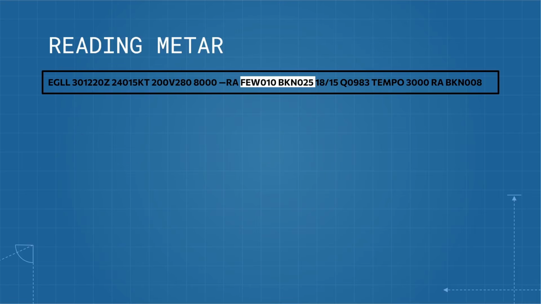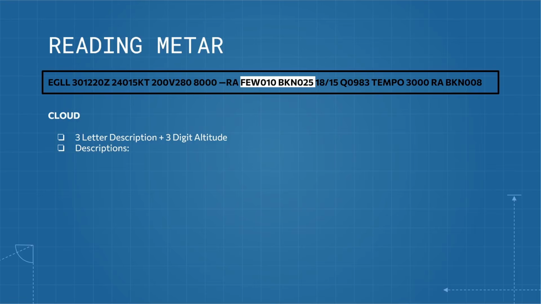We then come to a description of the current cloud locations above the airport. This is given in the format of a 3-letter description of the cloud cover, followed by a 3-digit altitude in hundreds of feet to indicate the height of the cloud's base.